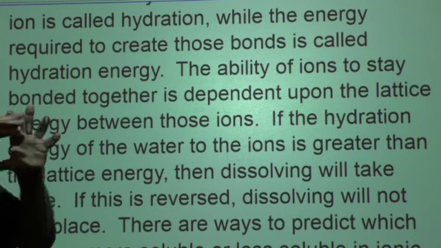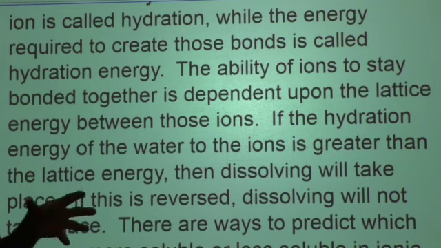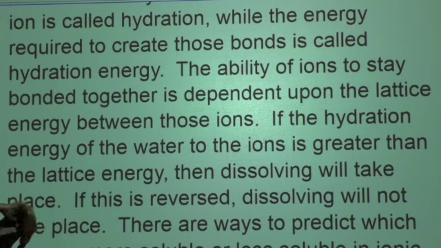A lattice is like a very basic geometric structure. Some people have wooden lattices around their porch or underneath their porch. It's kind of like a very organized geometry. So if it's a really strong lattice energy, it's going to be very difficult for the water to pull that away.